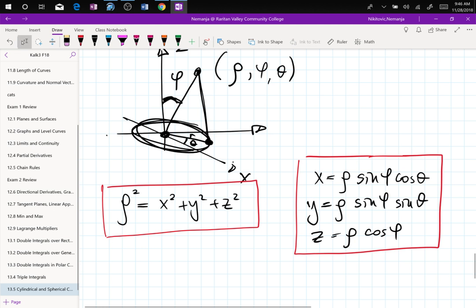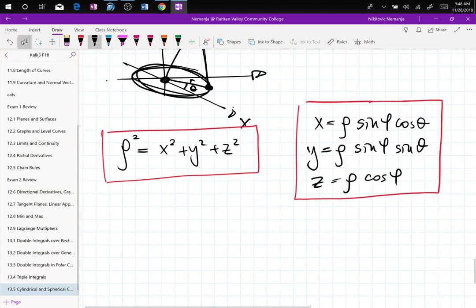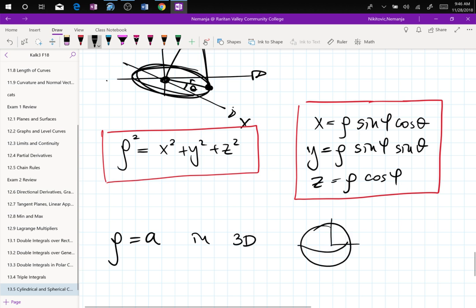But at least the good part is that we still have the list of those shapes that come up. So that always helps. The most basic one being rho equals A, right? In 3D, it's a ball. Right, sphere. Ball.